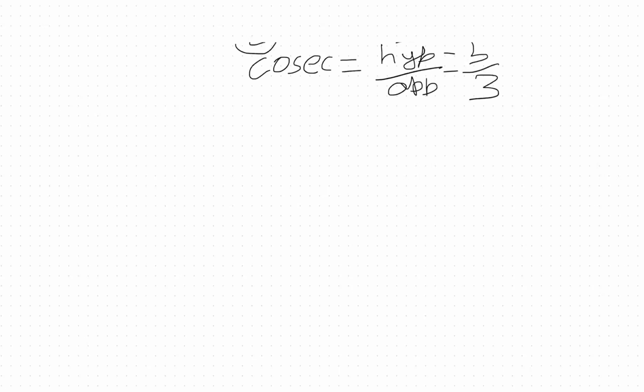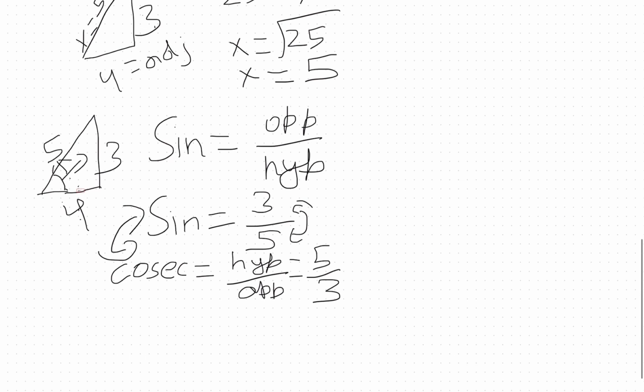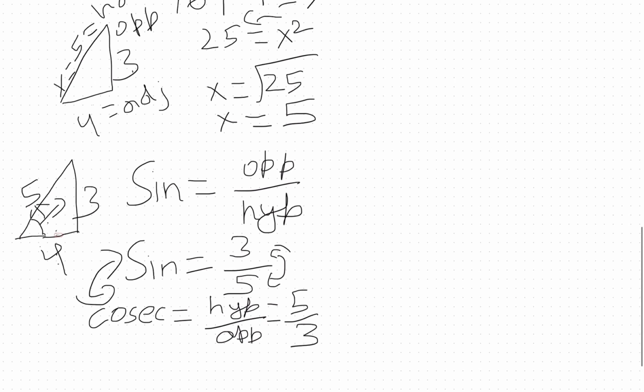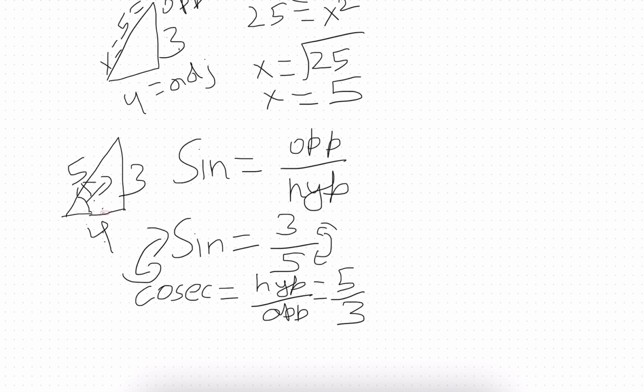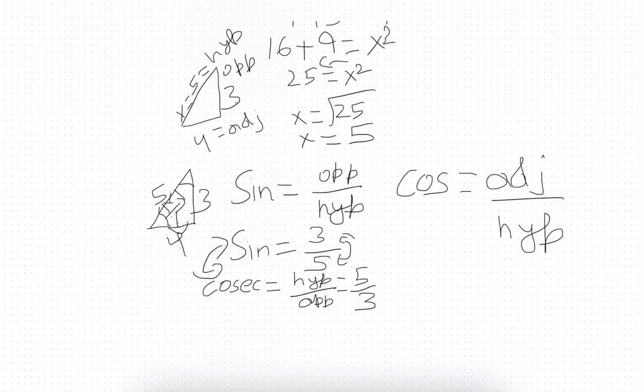Let me draw the triangle here again. We have now found the sine value. Now for the cos, cos will be adjacent over hypotenuse. What's our adjacent here?